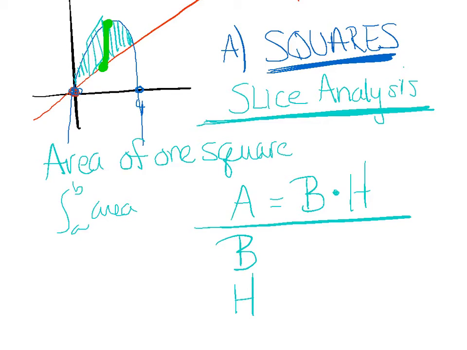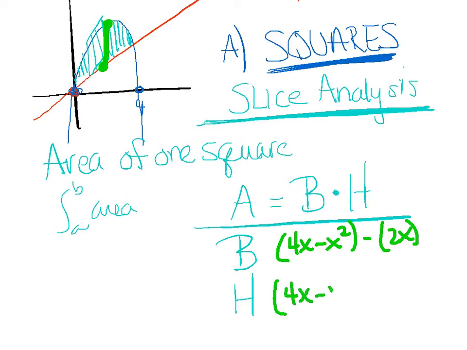So my base is going to be 4x minus x squared minus my lower, which is the 2x. Now what's handy is because it's a square, my height is also going to be 4x minus x squared minus 2x.